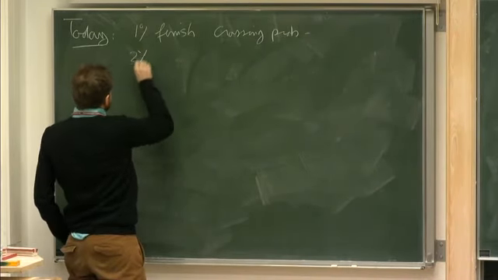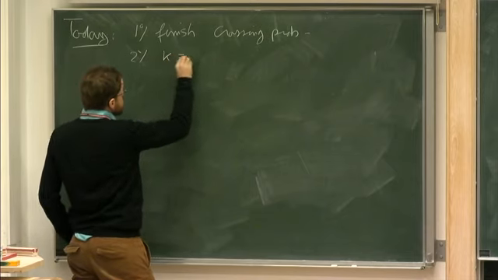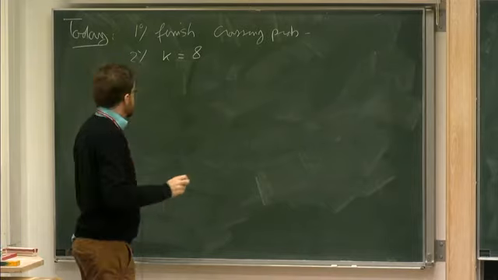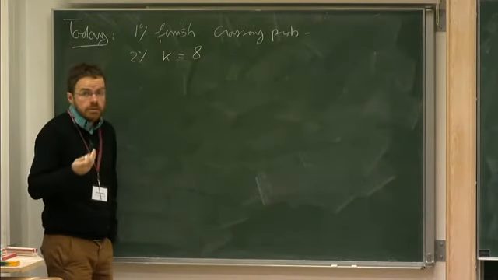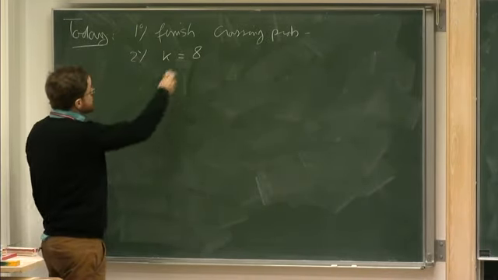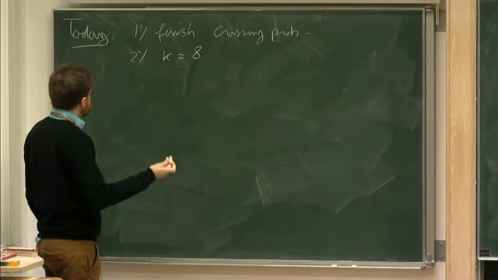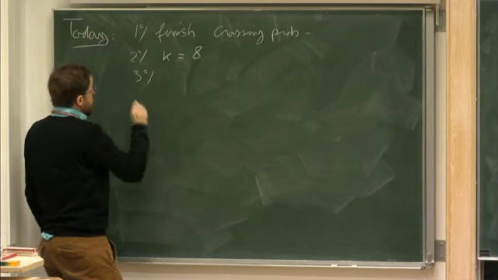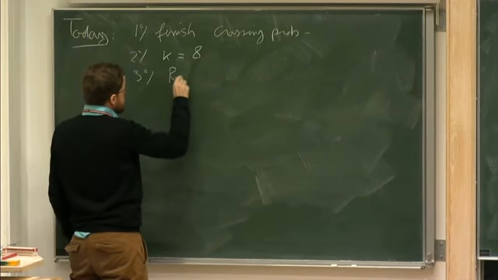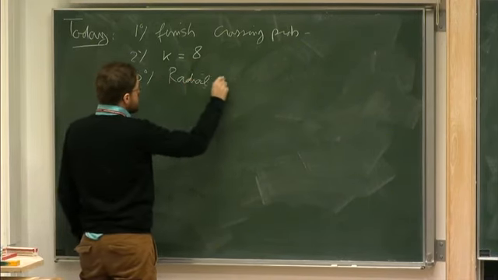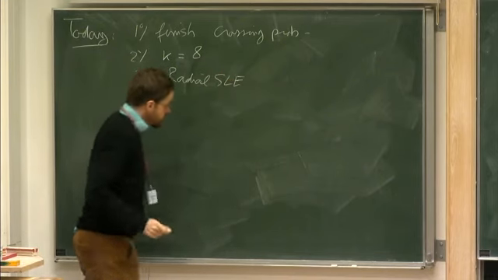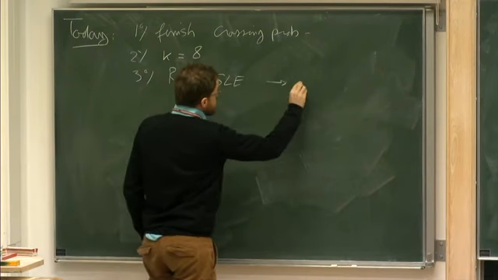Then I want to say something about what happens at kappa equal to 8. And here we'll just tell you what happens, and I will not give you any proofs because it would take too much time. And then I will start looking at what is known as radial SLE. And this will continue tomorrow.